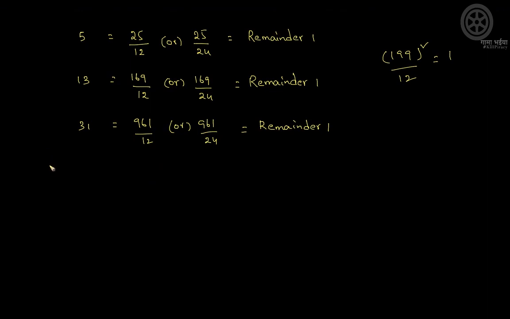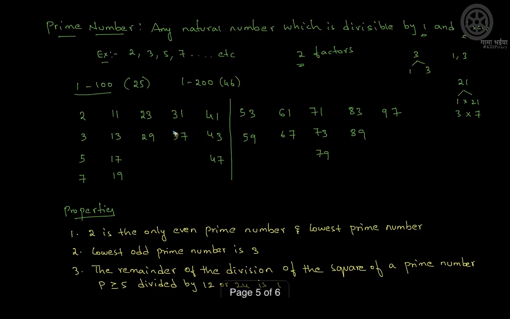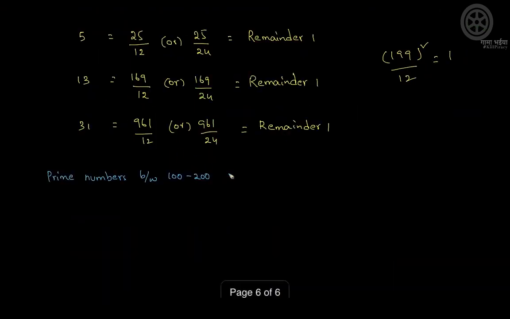And now we see the prime numbers between 100 and 200. Earlier, what have we seen? The prime numbers between 1 and 100. Now we see prime numbers between 100 and 200. Right?